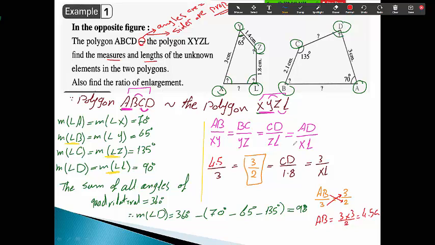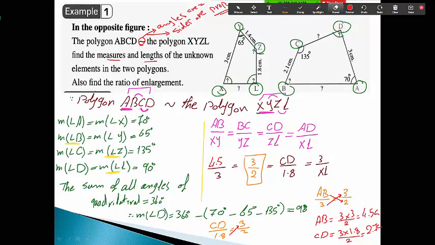Okay, how can we get CD? We make CD over 1.8 equal to 3 over 2, and also we use cross multiplication. So CD equals 3 times 1.8 over 2, which equals 2.7 centimeters.